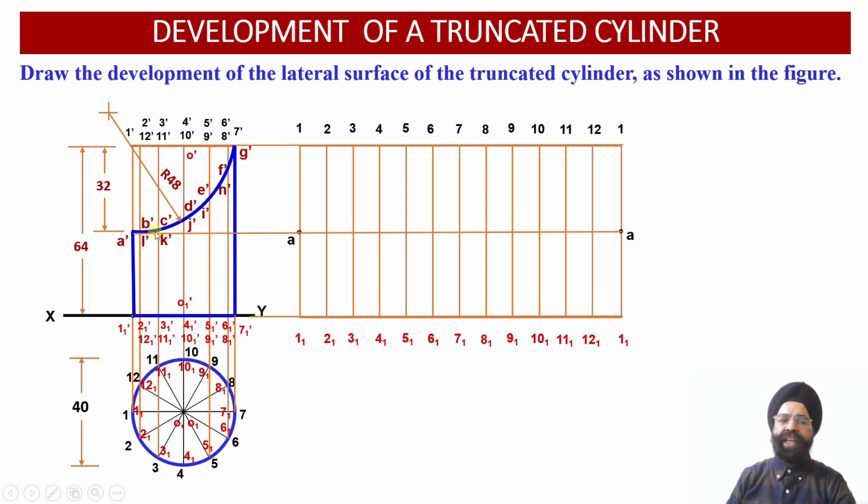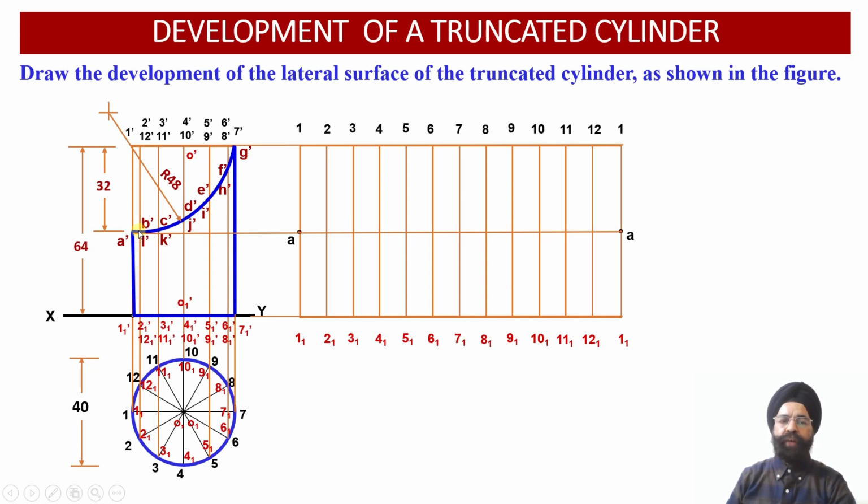So both the points B dash and L dash have overlapped with each other at this position. So now from these 2 points of intersection, that is B dash obtained on the vertical generator 2 dash 2 1 dash, and L dash obtained on the vertical generator 12 dash and 12 1 dash over here.